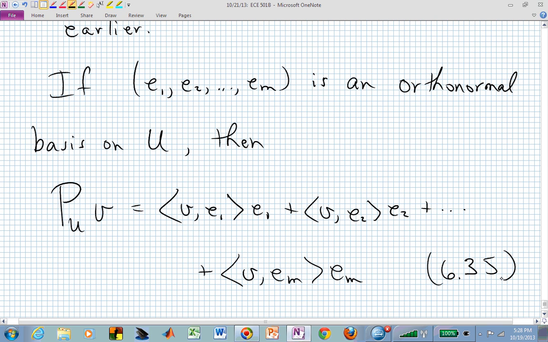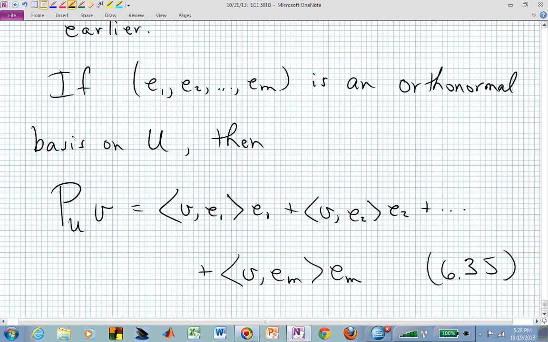That is result 35, in chapter 6 of our textbook, and it is very powerful: we can project any vector v in V onto the subspace U if we have an orthonormal basis on U.